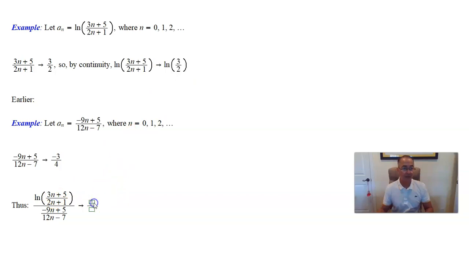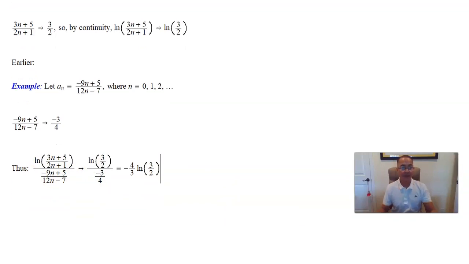And for the denominator, the limit is -3/4. And of course, if you want to simplify, we can write this as -4/3 times ln of 3/2. There you go. So that is the limit of the quotient of those two sequences.